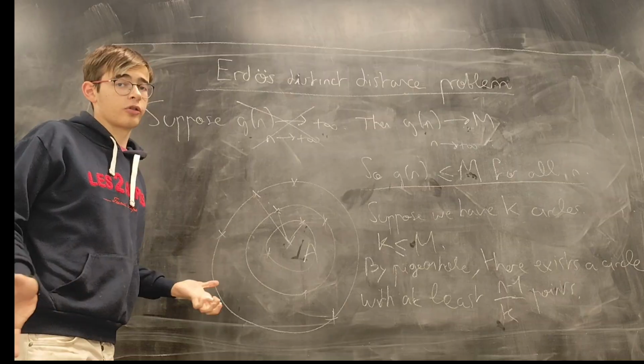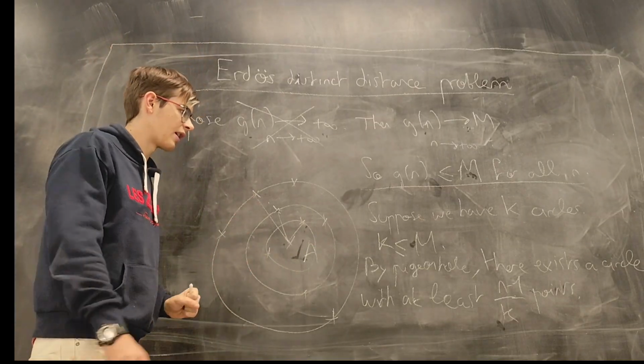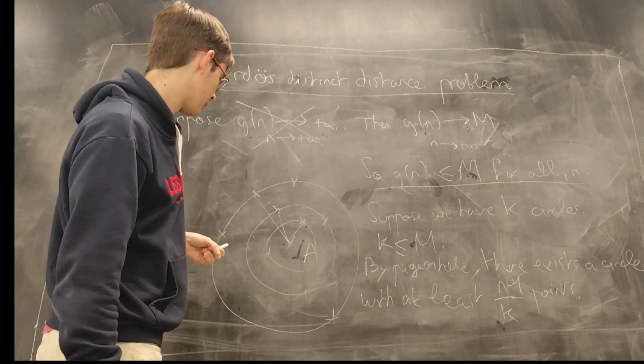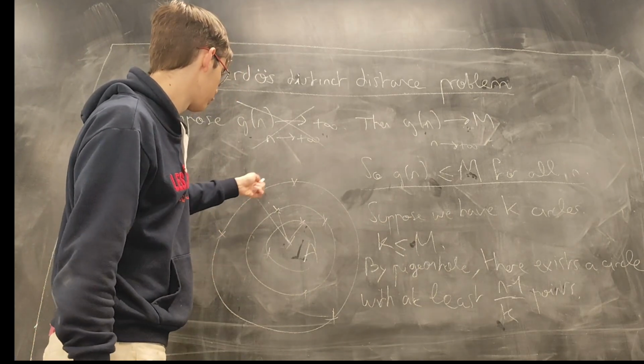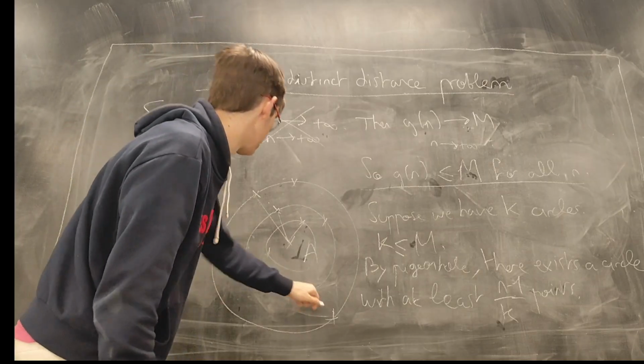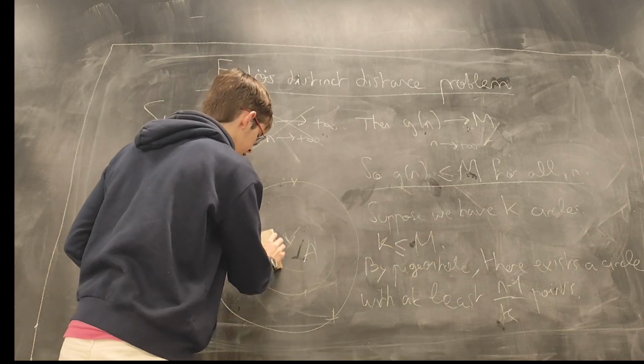Now let's look at this circle. Let's not care about the rest, just look at this circle that has a lot of points. In our drawing, the circle with the most points is, well, there's this one with 3 points and this one with 3 points. Wait, no, this one actually has 4 points. So I'm just going to keep this one.